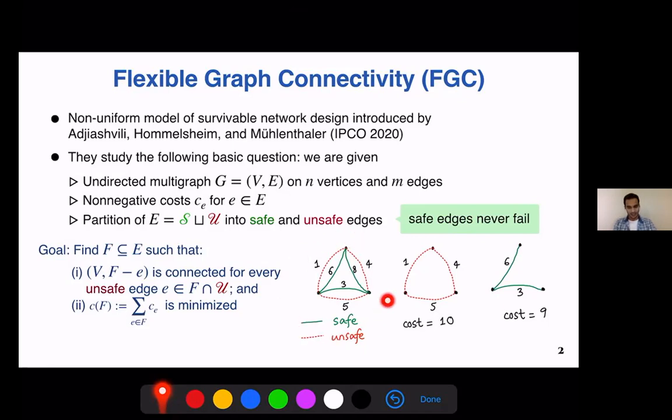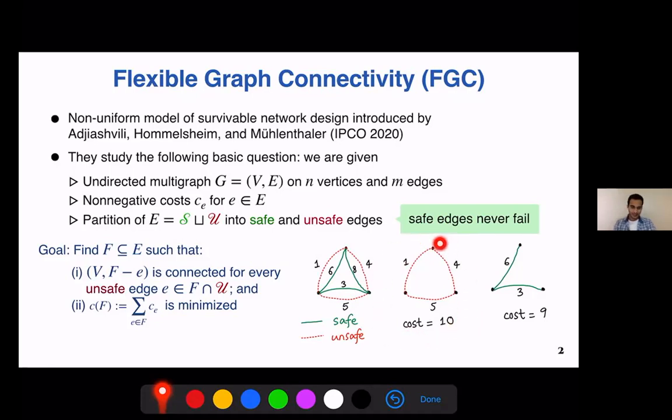Going back to this figure, I've represented safe edges by solid green edges and unsafe edges by dashed red edges. I've drawn two possible FGC solutions. This list is not exhaustive, of course.